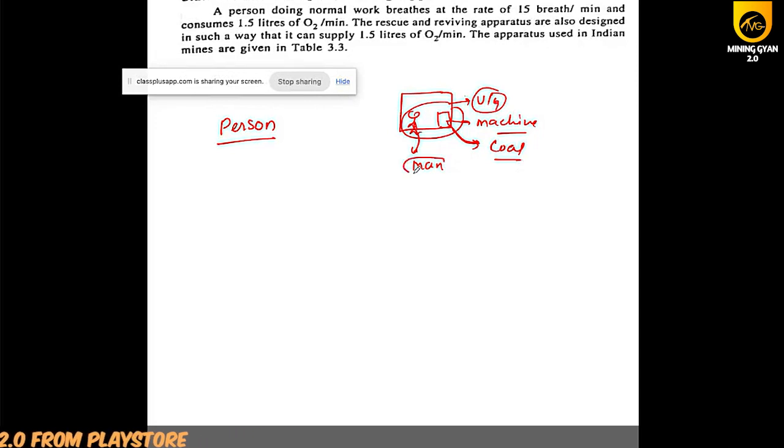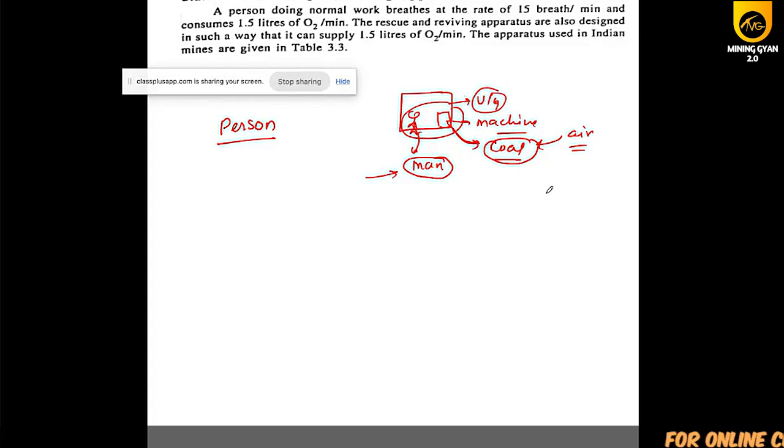So we require air for men as well as coal, because if you don't provide air, your men can die. And if air is not up to the mark, you will face spontaneous heating or active fire.